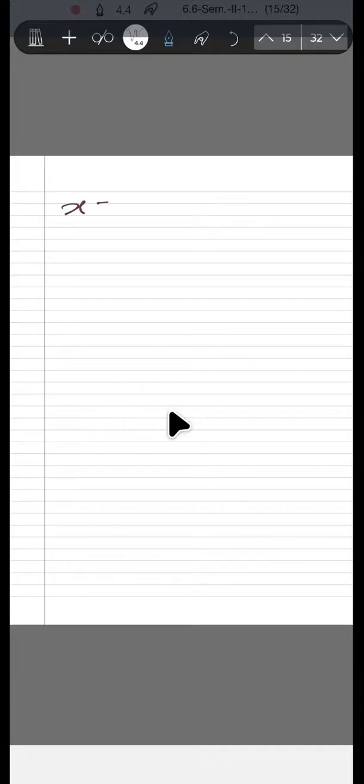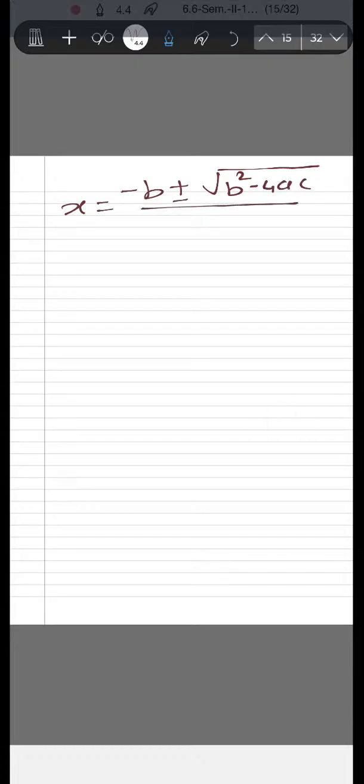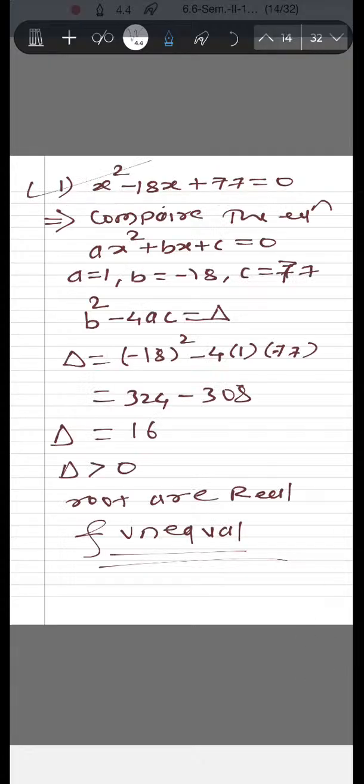So what is the formula? It says x is equal to minus b plus or minus square root of b square minus 4ac upon 2a. Okay, upon what? 2a. So simple. See, x is equal to minus b. What is the minus b value? It is minus of minus 18 here, correct?